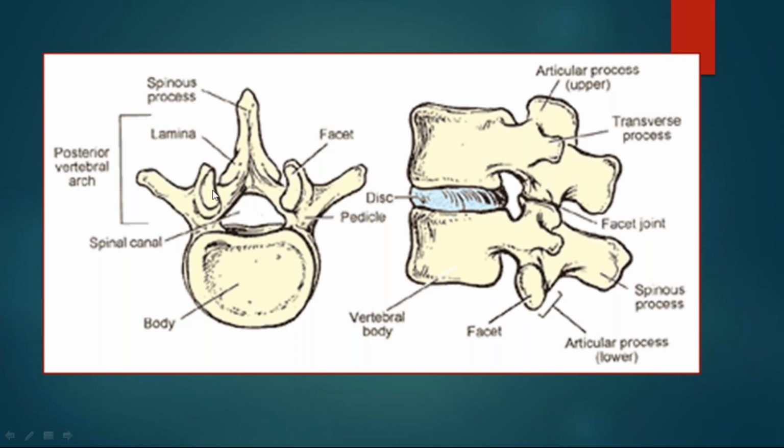These are the facet joints. On the lateral view, you can see that the facet joints of the above vertebra articulate with the below vertebra. The soft tissue present between two vertebrae is the disc. Posteriorly, it is the spinous process and transverse process.